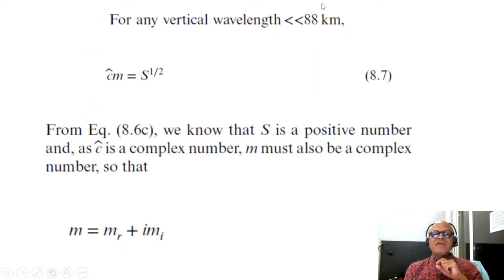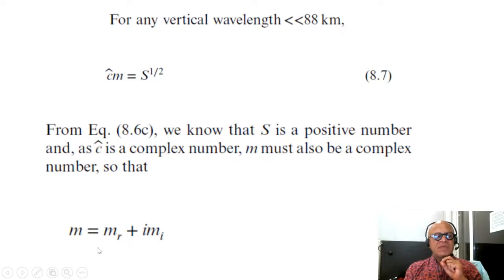For any vertical wavelength much less than 88 kilometers, the relation between zonal group gravity wave speed and vertical wave number is s to the 1/2. C is complex and this is real, so obviously m has to be complex as well.